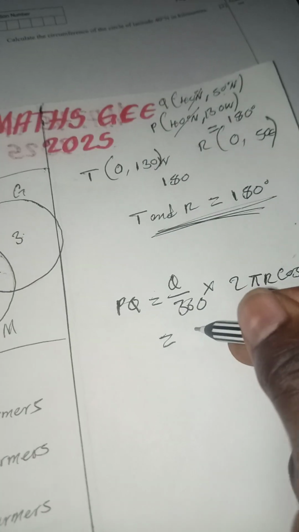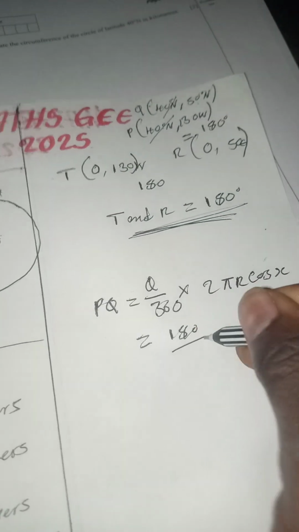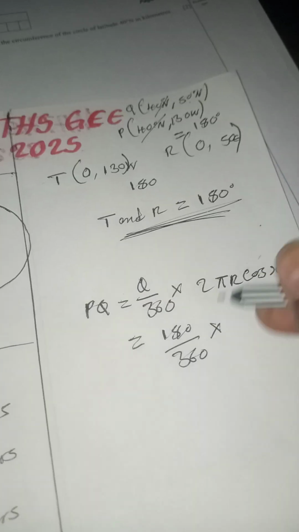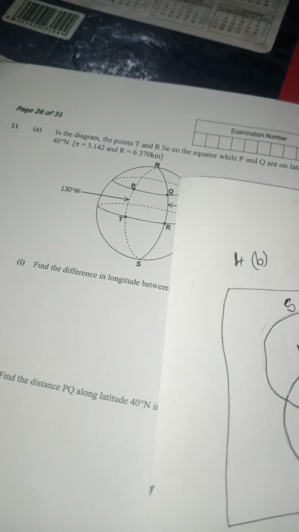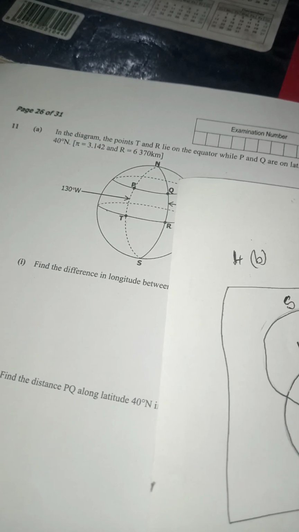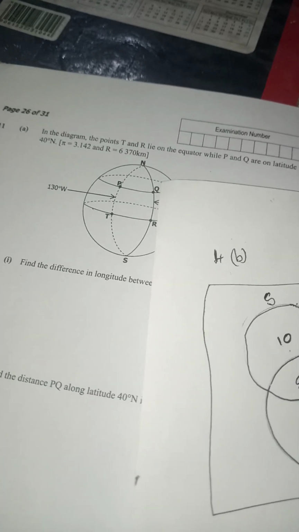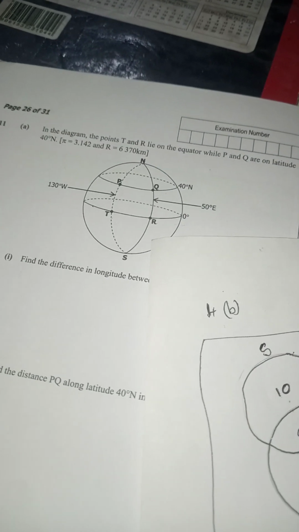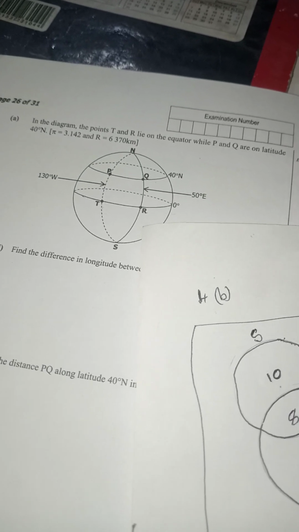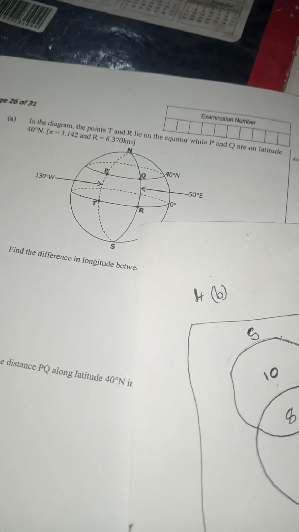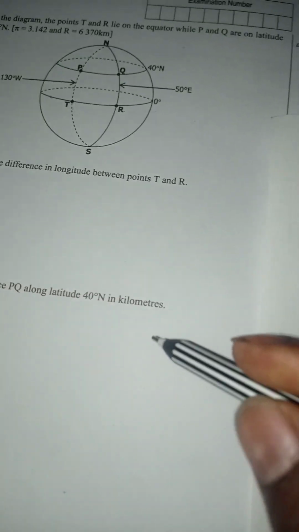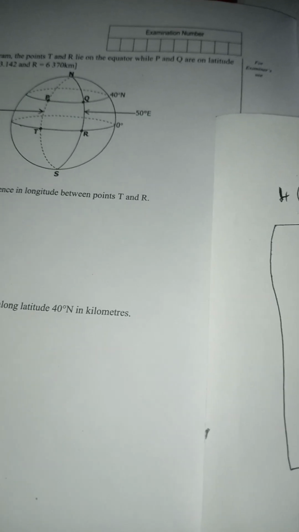So theta is equal to 180, multiplied by 2, and pi we have been given as 3, then 2 times r, which is 6370, times cos 40. I have been given 40 here, so we are going to say cos 40.